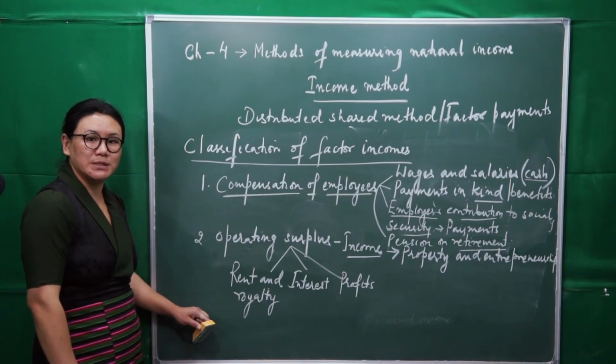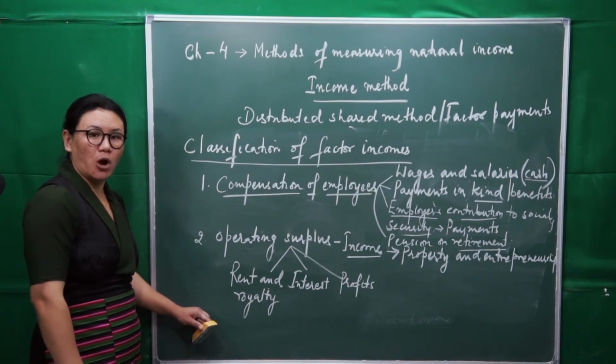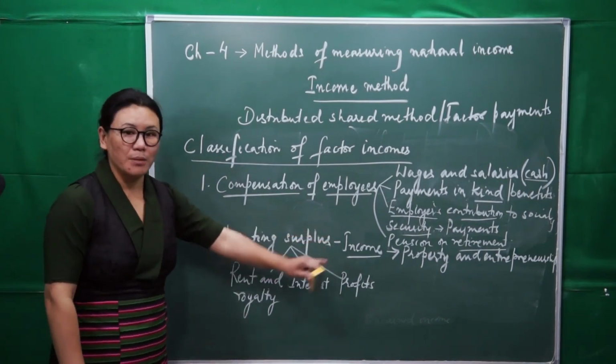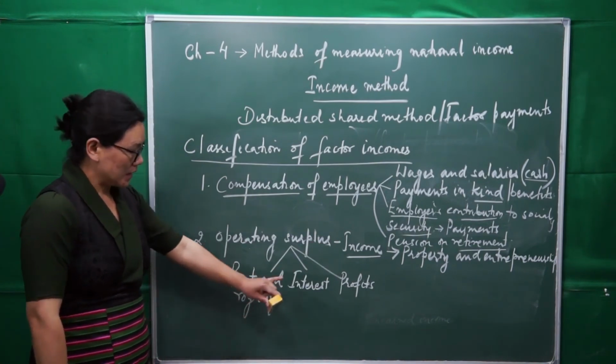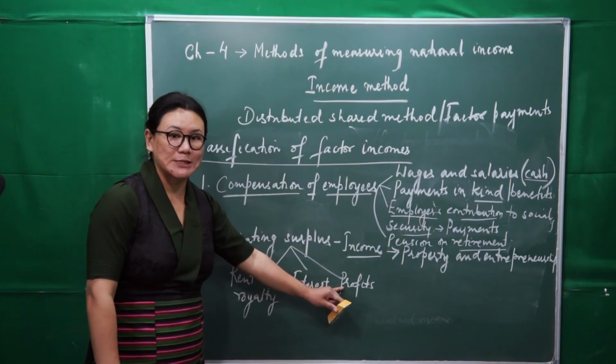Operating surplus comprises of income which is in the form of rent and royalty, interest, and profits.